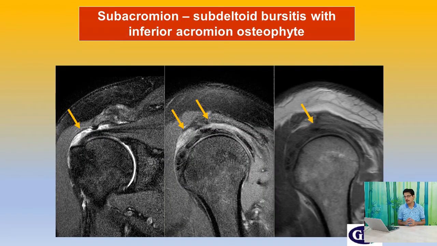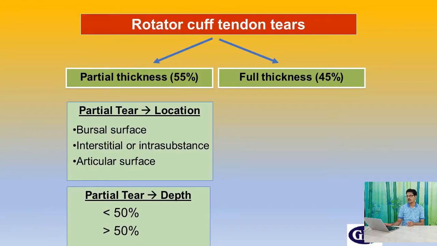Now this is an MRI picture in which it is shown that there is a subacromial and subdeltoid bursitis with inferior acromial osteophytes. Now rotator cuff tendon tears can be partial thickness in 55% of patients, and partial thickness tears can be classified as a bursal sided tear, an interstitial tear, or an articular sided tear.